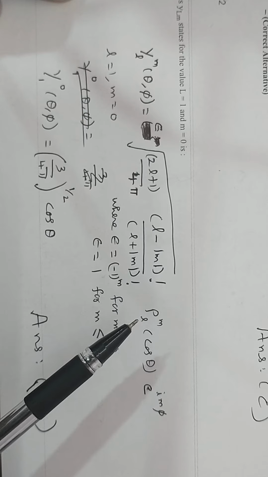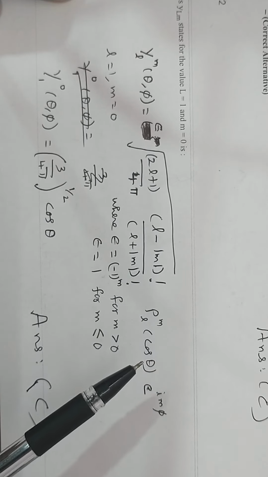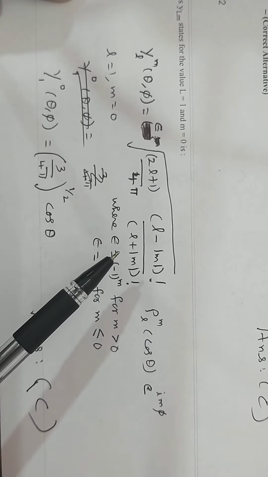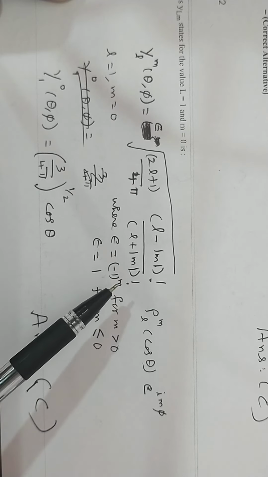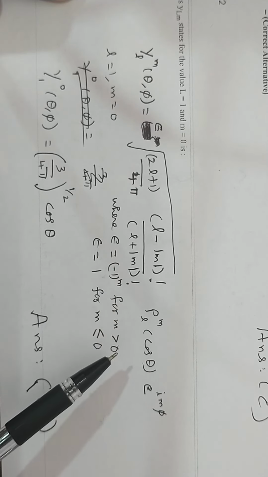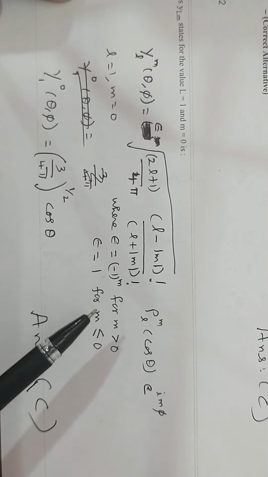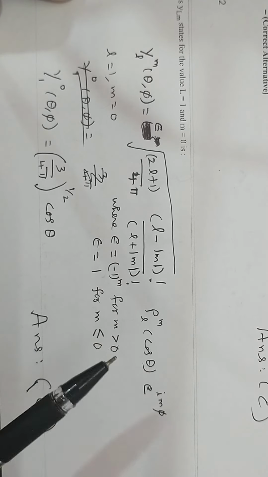This is the associated Legendre function. Now this epsilon is equal to minus 1 whole power m for m greater than 0, and epsilon is equal to 1 for m less than or equal to 0.